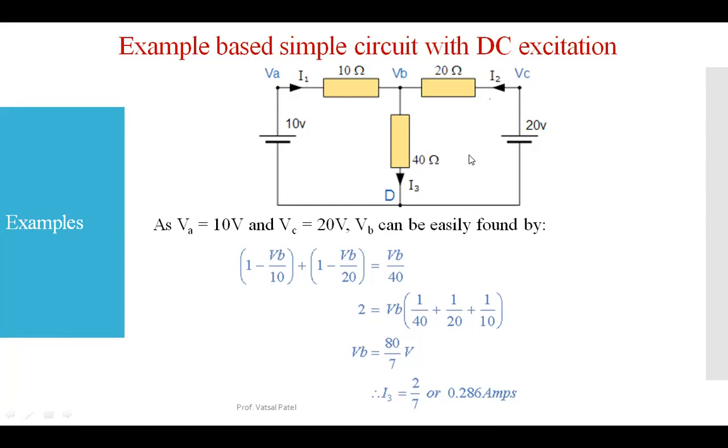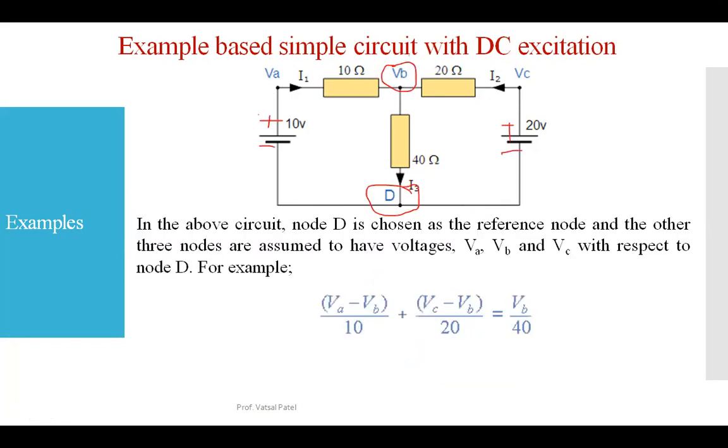See, the formula we are using here is based on the current equation that we wrote here of KCL. First of all, at this node, when you apply the KCL, then you get I1 plus I2 is equal to I3, right? Then after that, you will write all the current values in terms of Ohm's law.